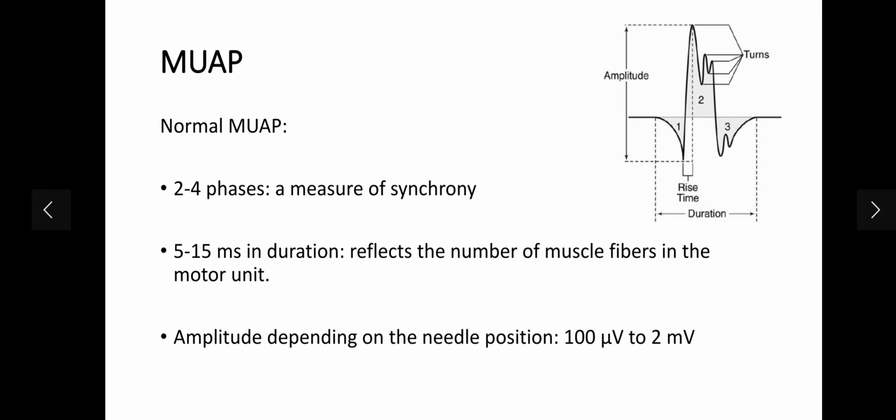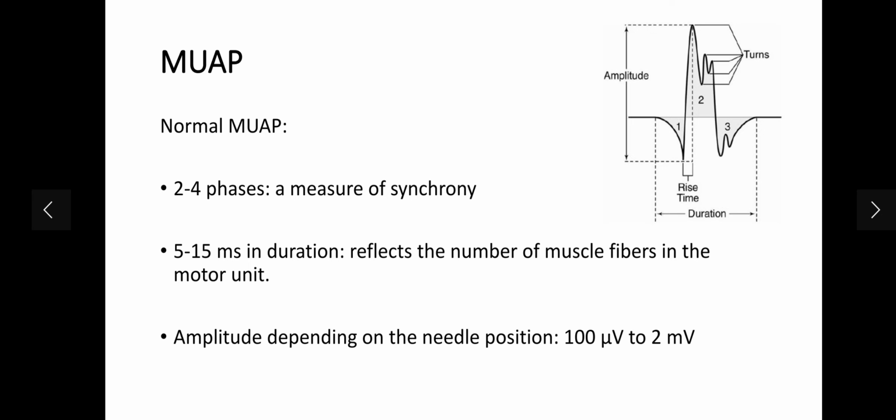The duration of the motor unit action potential is longer than the muscle fiber action potential, between 5 and 15 milliseconds, and the duration reflects the number of muscle fibers in the motor unit. The more muscle fibers the motor unit contains, the longer the duration. The amplitude can be affected by the position of the needle.